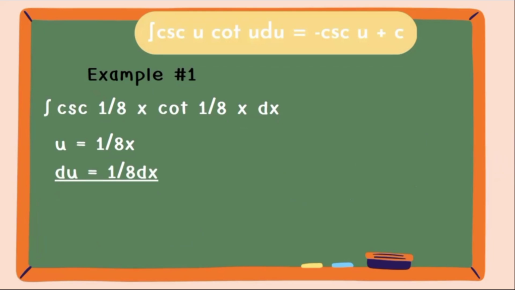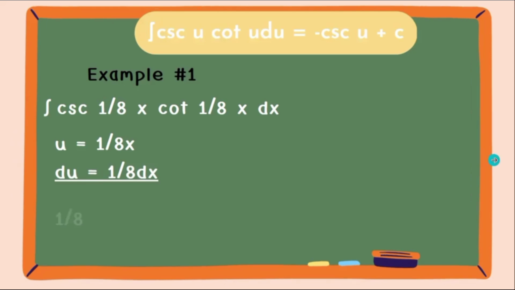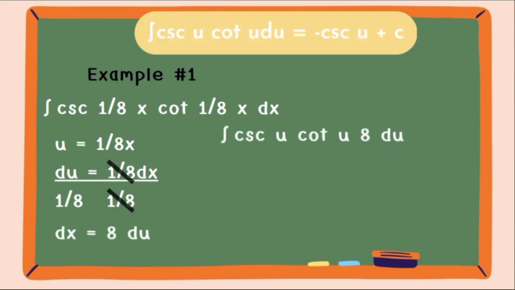After that, divide lang yung 1 over 8 sa kanyang sarili. So, magiging 1 over 8 divided by 1 over 8. After that, cancel yung 1 over 8 since sila ay same value. Then, i-reciprocal natin yung 1 over 8. So, ang ating dx is equal to 8 du. Integrals of cosecant u cotangent u 8 du.